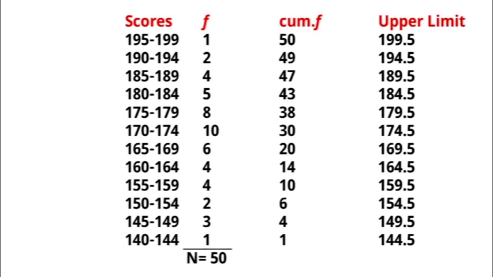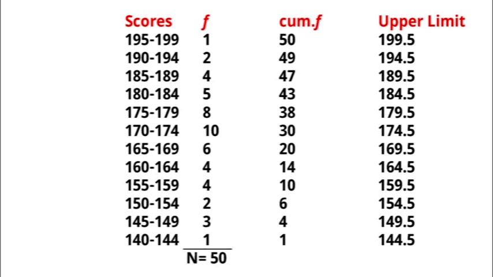Now, if you want to understand why it is the upper limit, if I write 144.6, mathematically if you convert 144.6, it will become 145. 144.7 will become 145. So, this means 144 can maximally go up to 144.5. This is the upper limit of the score.